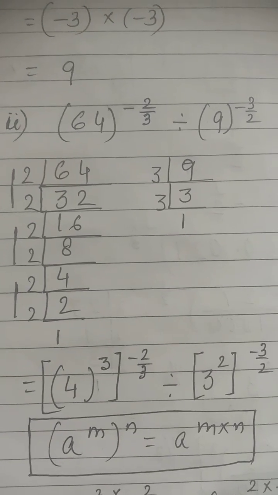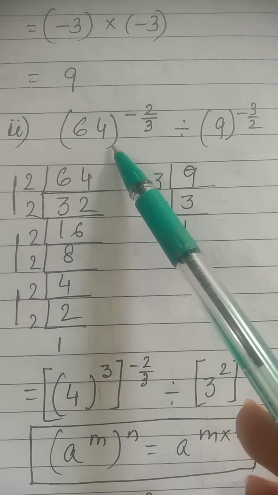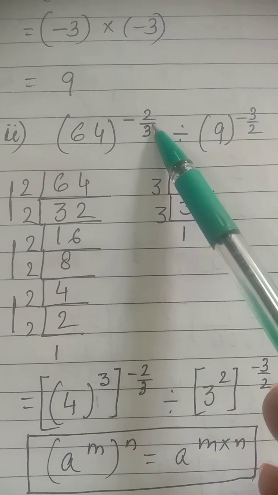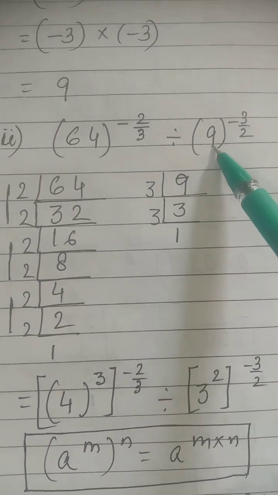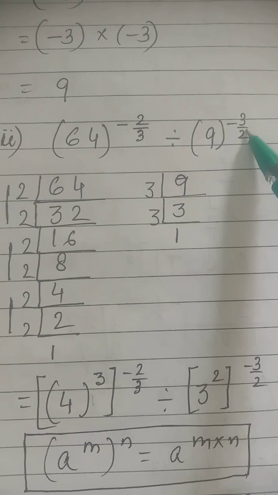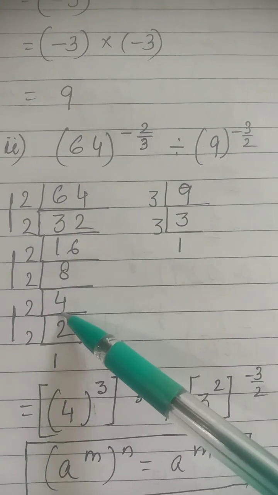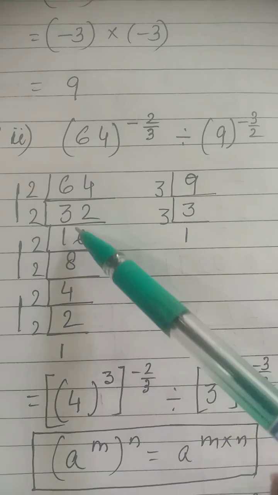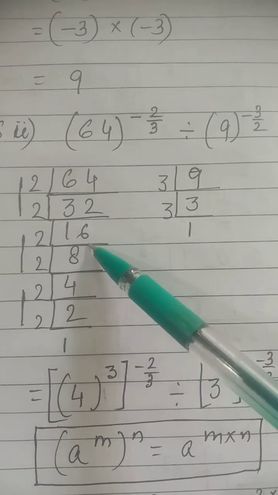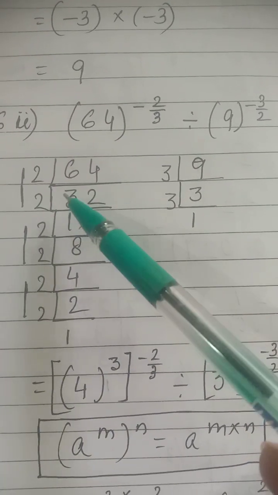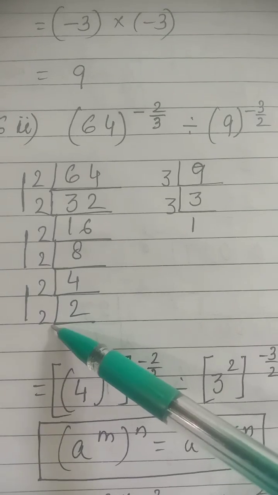Now another question is 64 to the power -2/3 divided by 9 to the power -3/2. And we'll do the prime factorization of 64. So 2 thirty-twos, then 2 sixteens. In that way we found 2 is coming 6 times.